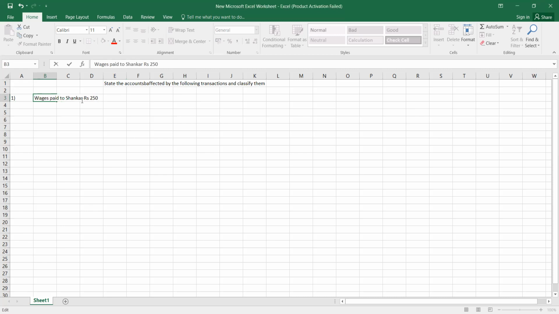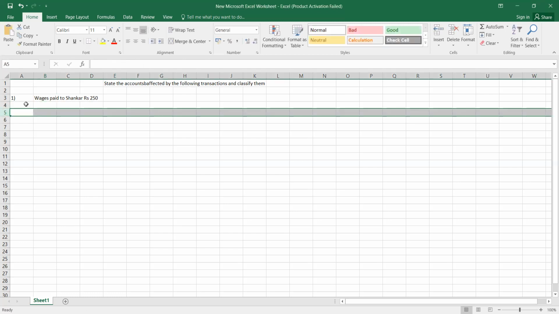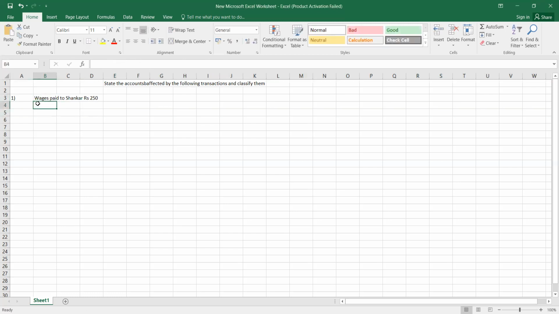The two accounts involved here, from the business point of view, are the cash account and the wages account.